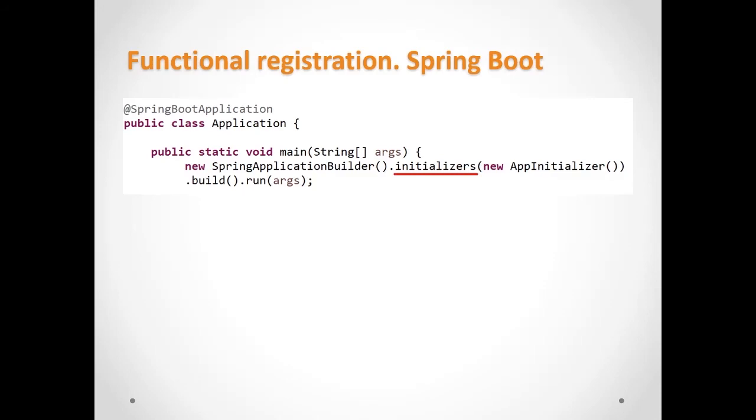How to specify these initializers in your application? There are two approaches. Firstly, you can initialize them in the special class Spring Application Builder. Usually in Spring Boot we use the class called Spring Application. But if you need to customize Spring Boot, there is a builder style Spring Application Builder, and you can just call method initializers and supply your application context initializers.